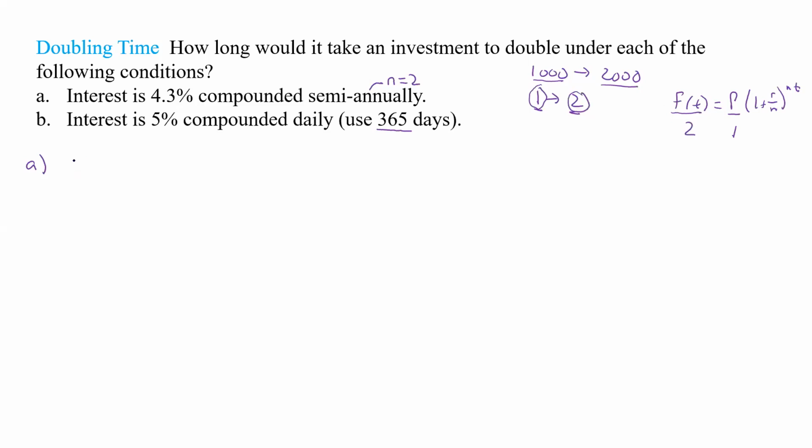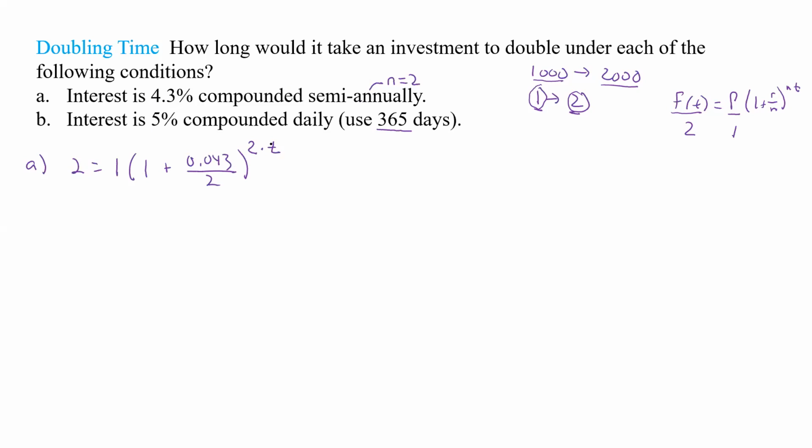So 2 equals 1 times 1 plus r, where the rate is 4.3%, so 0.043, over n, which is 2, raised to the 2 times t. t is what we're looking for, because this is how long it's going to take. We want to solve for t.